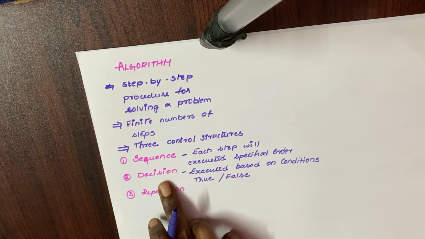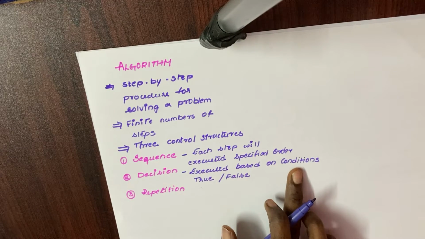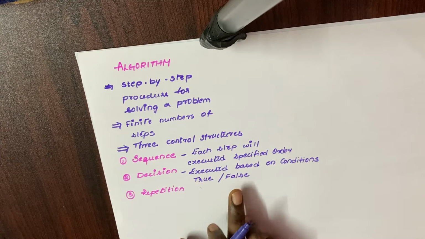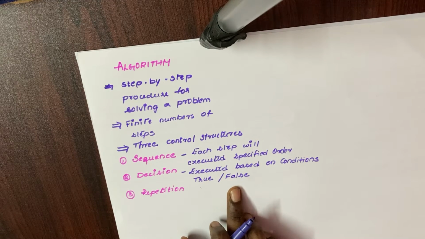A decision structure will be executed based on some conditions, and these conditions will get the answer as either true or false. Okay, so basing on that, if the condition is true, the true block of statements is going to be executed. If the condition is false, then the false block will be executed.